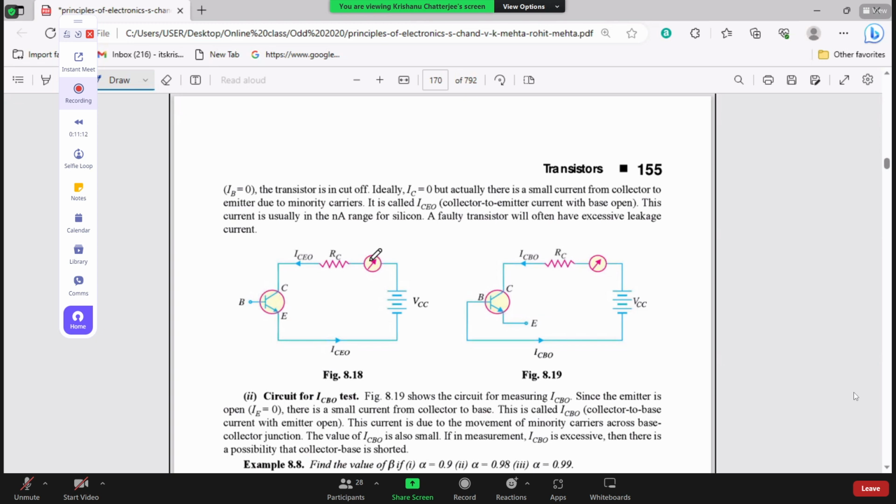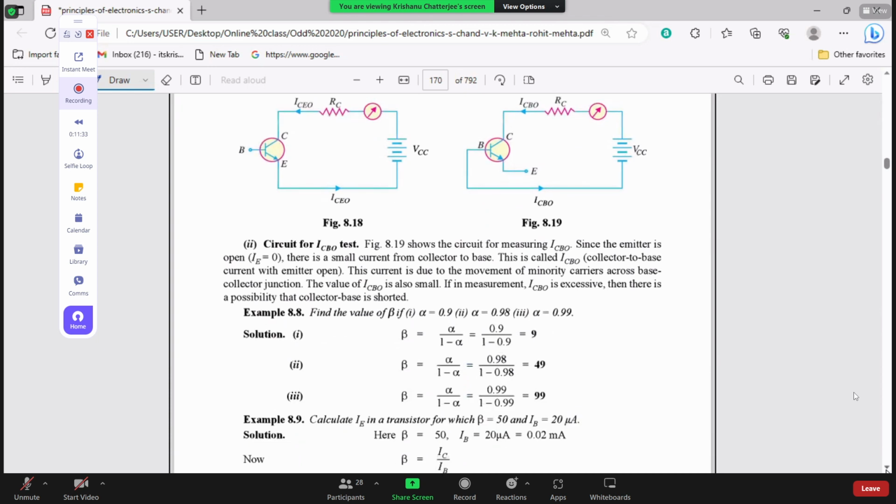Okay, so we know that the reverse current in a diode is in micro or nano ampere. So obviously the reverse current over here will be micro or nano. Simple problem relating alpha and beta.